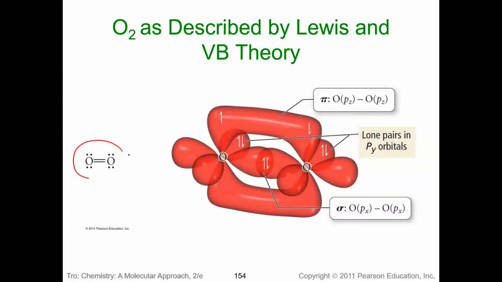So here's what we learned with our Lewis theory and our valence bond theory. Everything's paired, right? They're all paired up. So these guys are sharing a p orbital. They're hybridized, and oxygen would be sp3 hybridized because there's 3 things around it. It shows they're paired, but they are not paired.